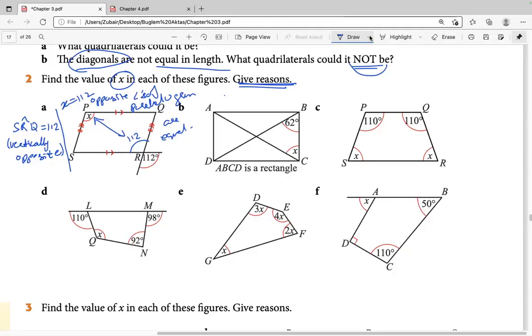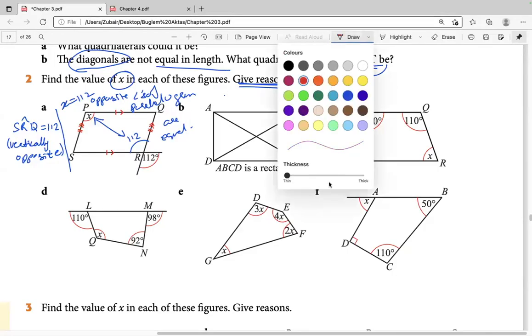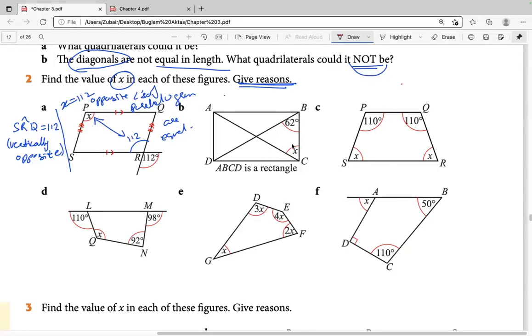What about this B part? How will we find the value of x? Well, I know that it's an isosceles triangle. Very good. So I know that the missing angle in the triangle is 56.